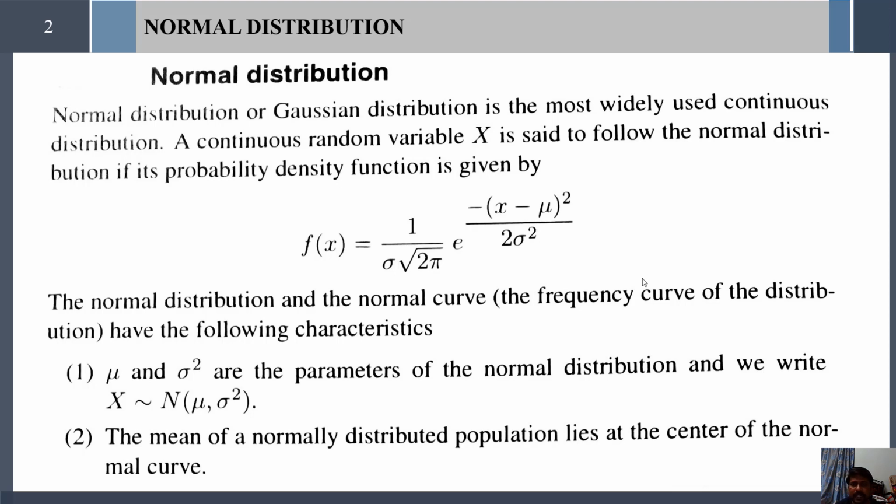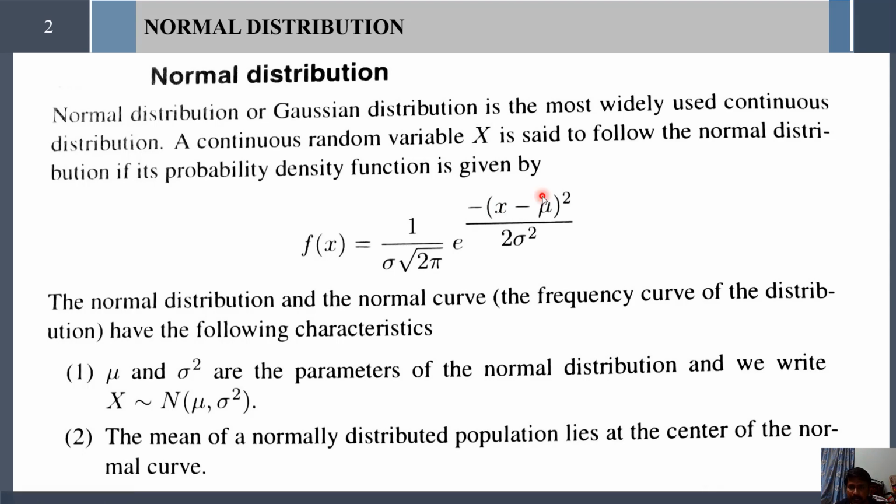A random variable capital X is said to follow normal distribution if its probability density function is given by f of x equal to 1 divided by sigma into root of 2 pi into exponential of minus (x minus mu) the whole square divided by 2 sigma square.